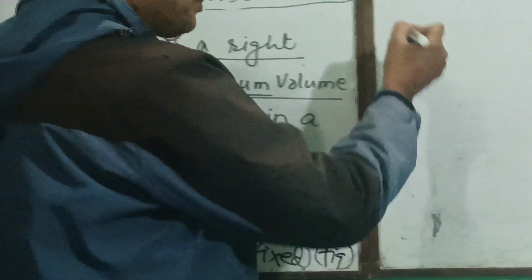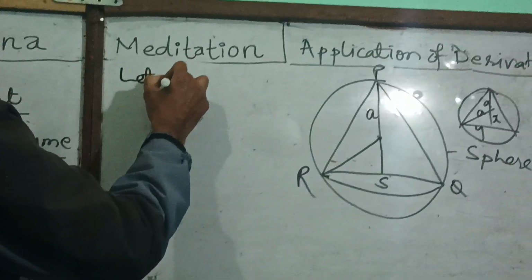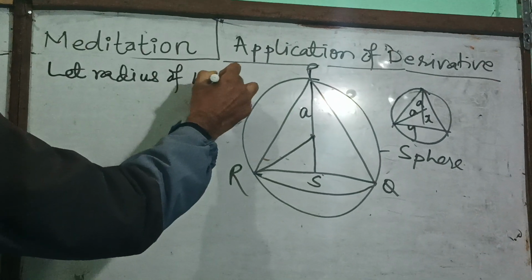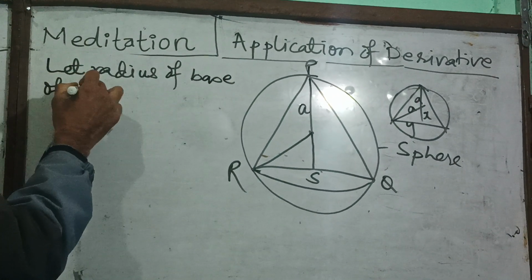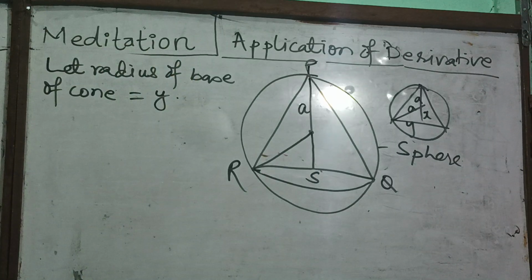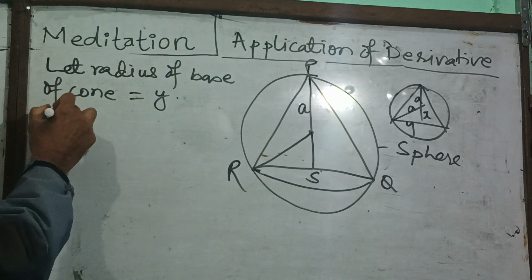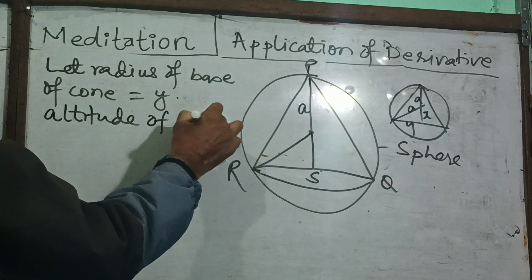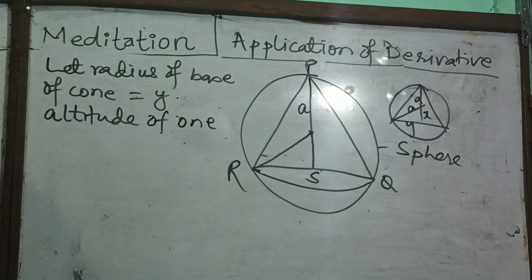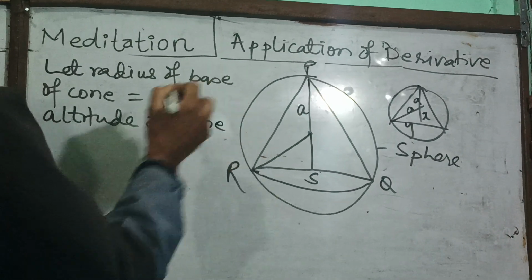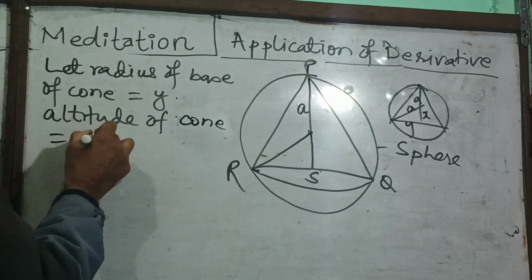And let us suppose the radius of the base of the cone is equal to Y, and the altitude of the cone is equal to PS.